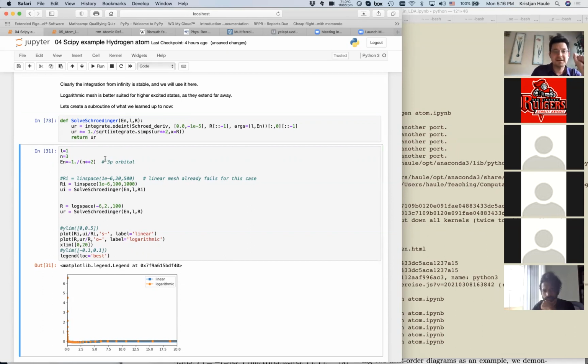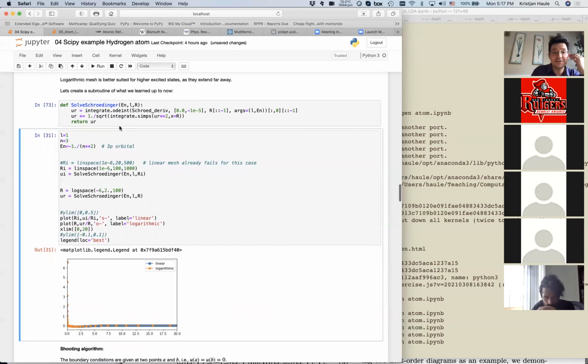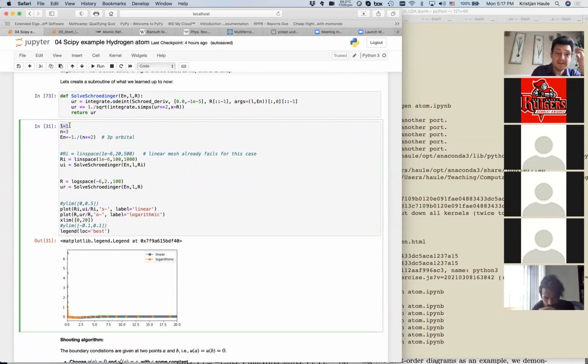Okay, but so this is now condensed into one nice little function, and now we want to check the same solution for excited states of hydrogen. So does it work in general? Well, we're going to take L is 1 and N is 3. So in which the energy is 1 over n squared.